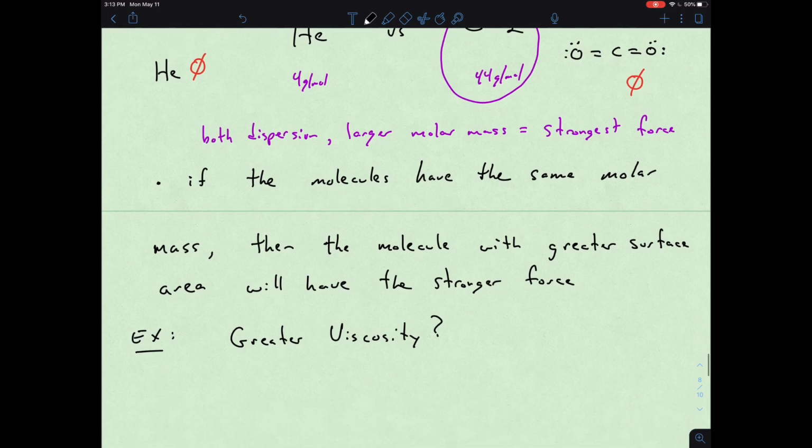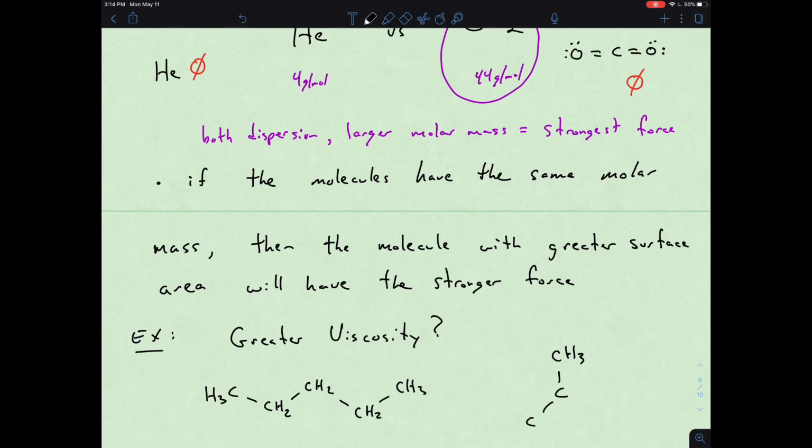And so we have here, pentane and isopentane.